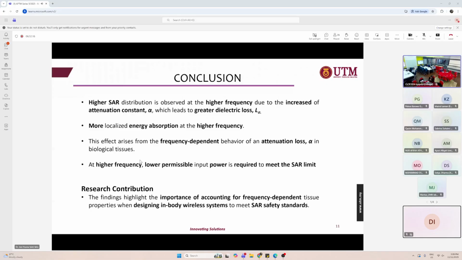At a high frequency, a lower permissible input power is required to meet the SAR limit compared to the lower frequency. The contribution of the research is to highlight the importance of accounting for frequency dependent tissues when designing in-body antenna devices to meet the regulatory limit.